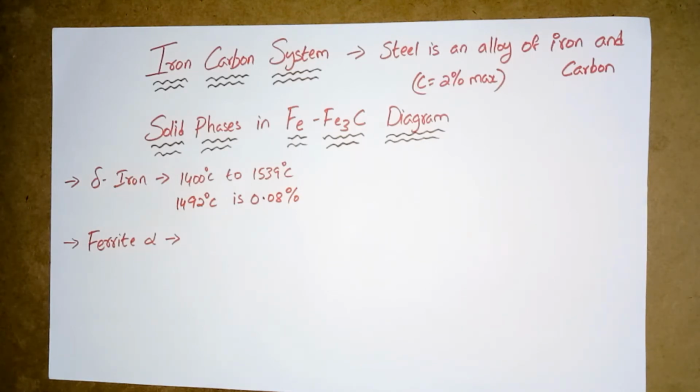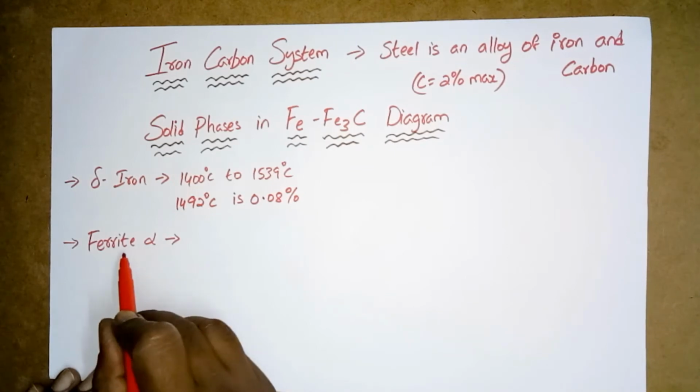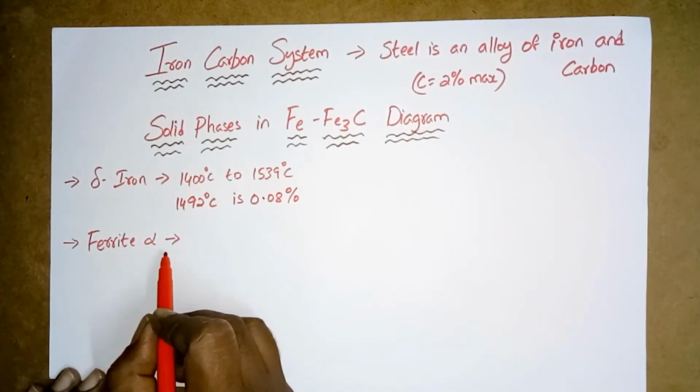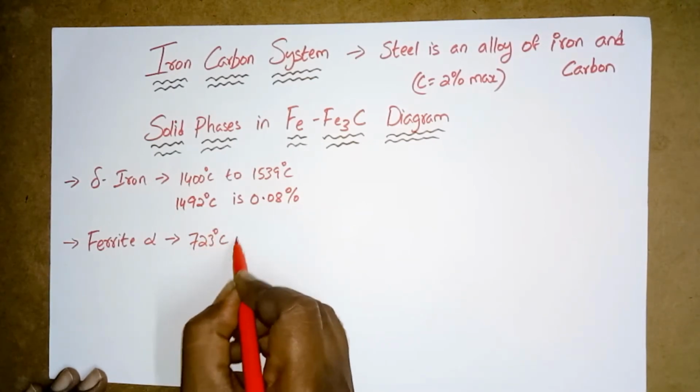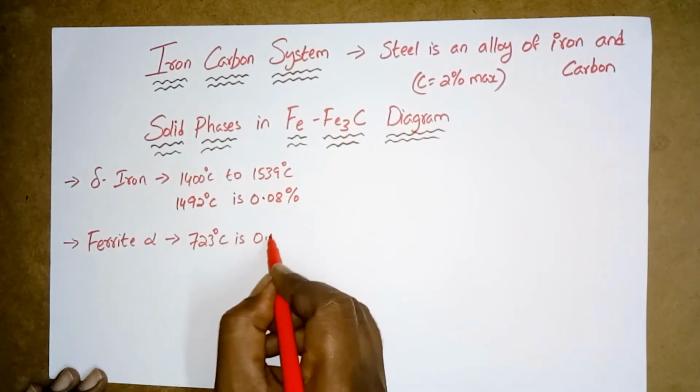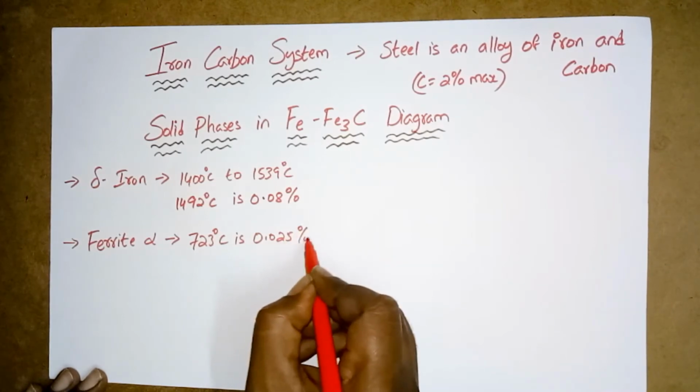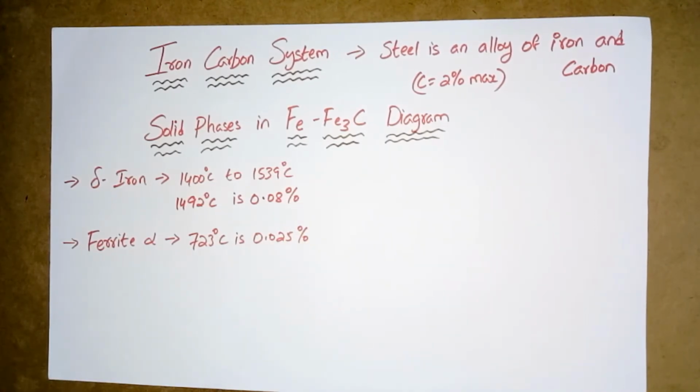The maximum solubility of carbon in alpha iron is 0.025% at 723 degrees centigrade, and it decreases to 0.008% at room temperature.